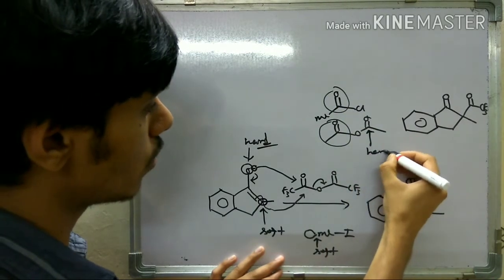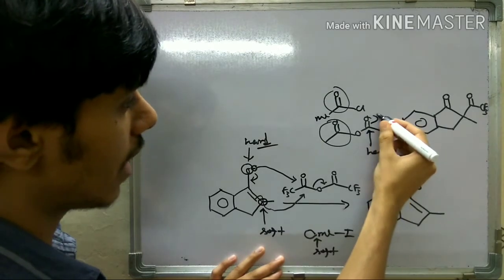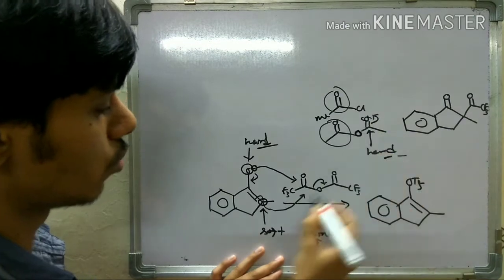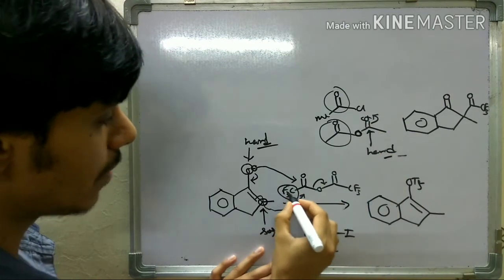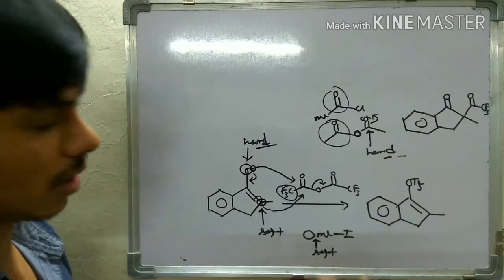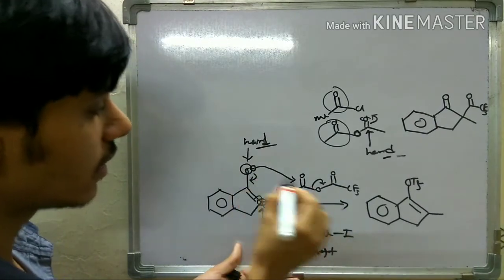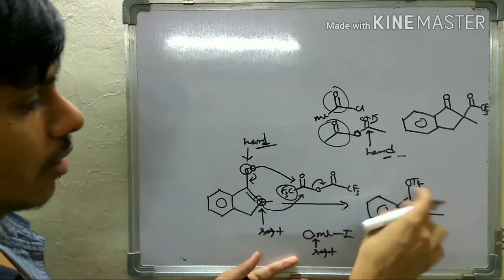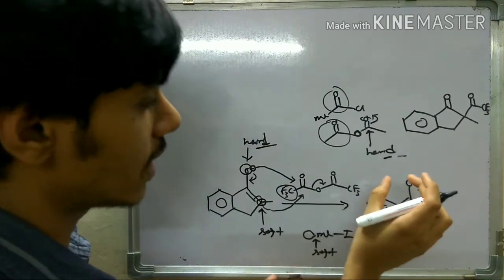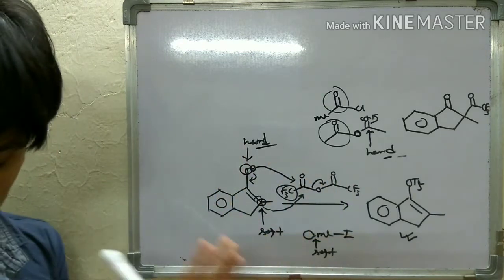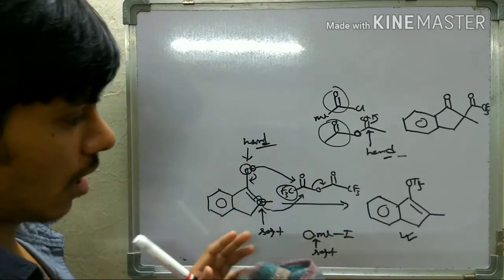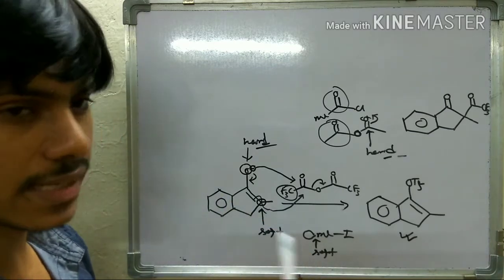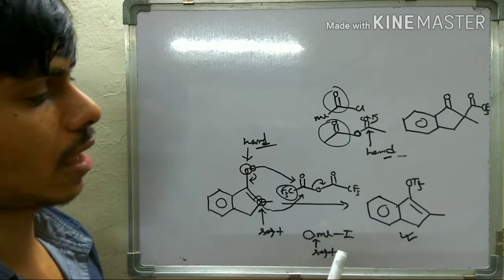This is also a hard center because it has high positive charge density due to the presence of these two oxygen groups, and in this case due to the presence of the CF3 group it is even harder. So these two hard centers will prefer to react with one another, and you will get this OTf, that is the O-acylated product. You should know when you get the C-acylated product and when you get the O-acylated product.